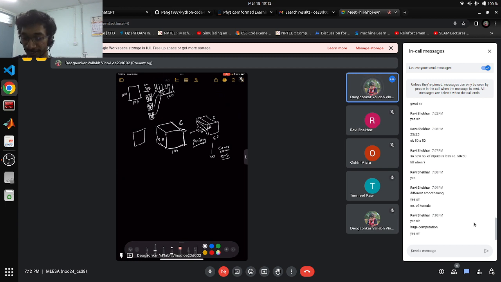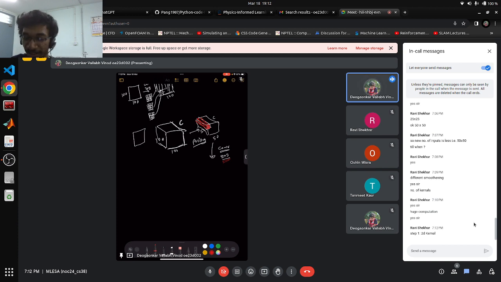Whatever I'm drawing, my kernel is a 3D block. Are you getting that?